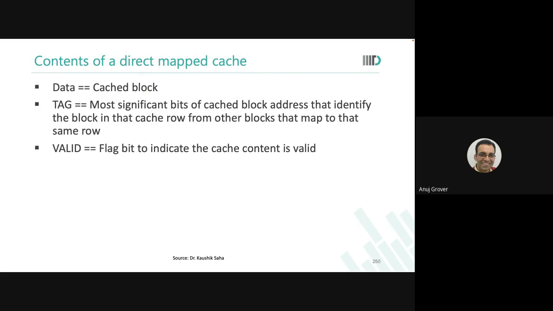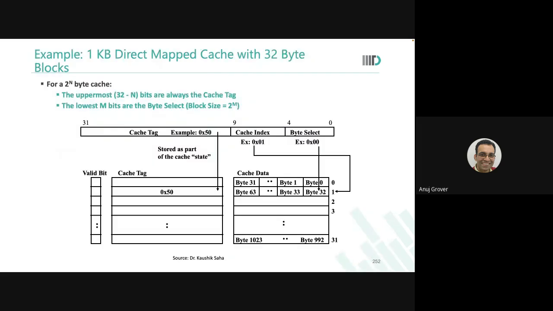So, contents of a cache block: we already said there would be data, and then there could be byte select, cache index, and cache tag. Byte select and cache index are just about how to go to the exact byte. My word could still be much longer, I could have a 64-bit word.